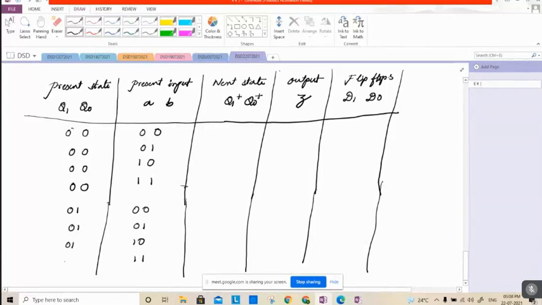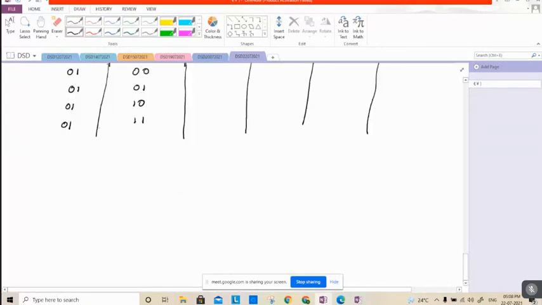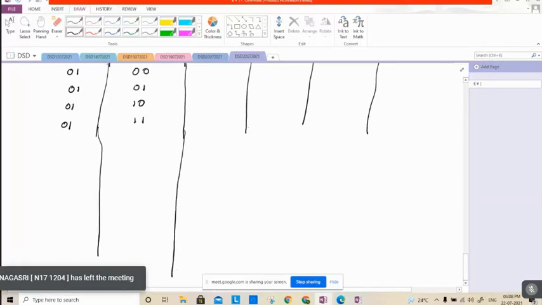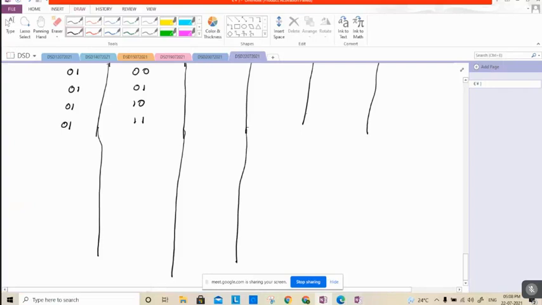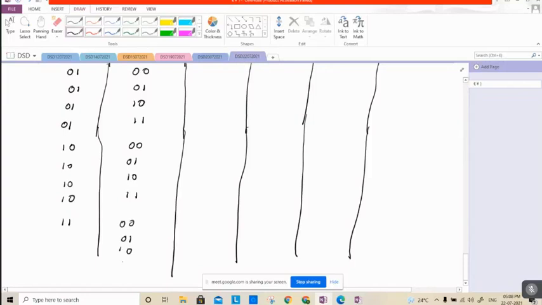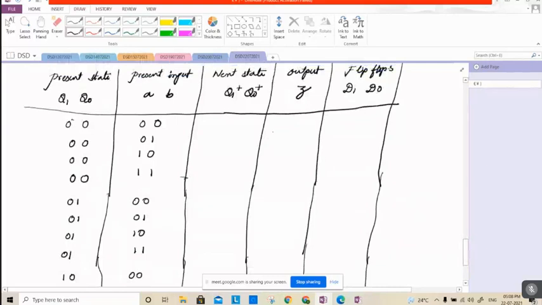This is 0 1 0 1 and 0 1. Right, tell me what are the next states here?